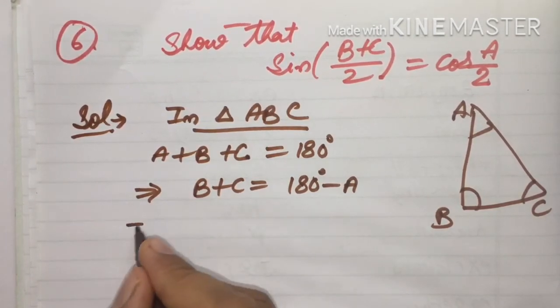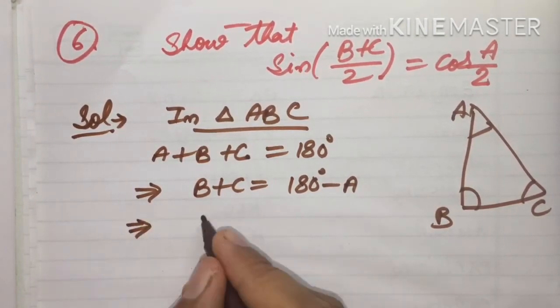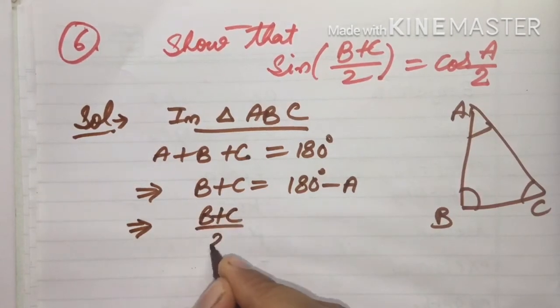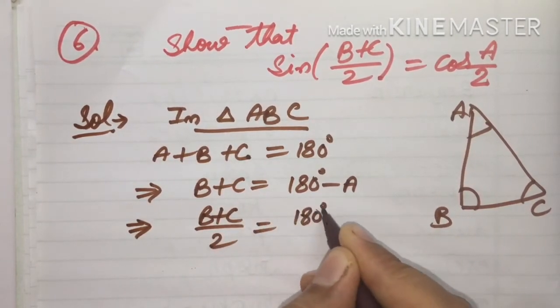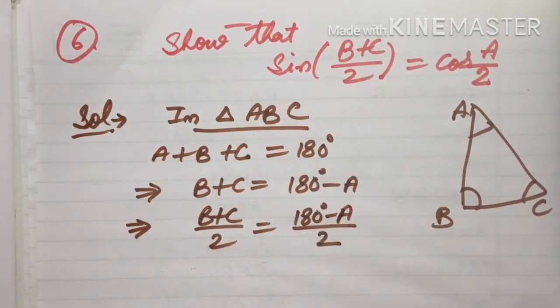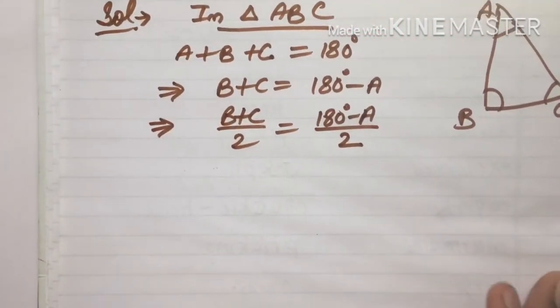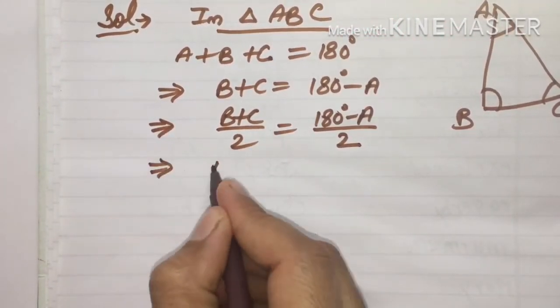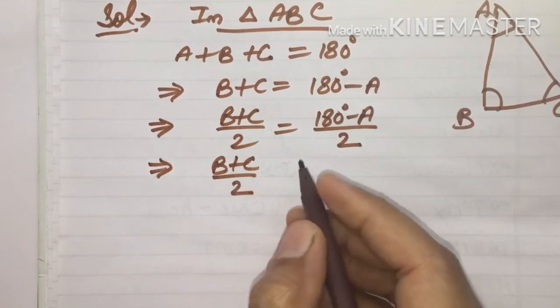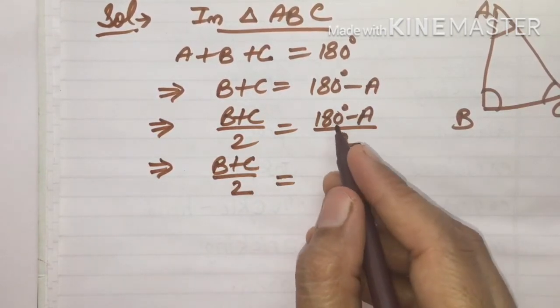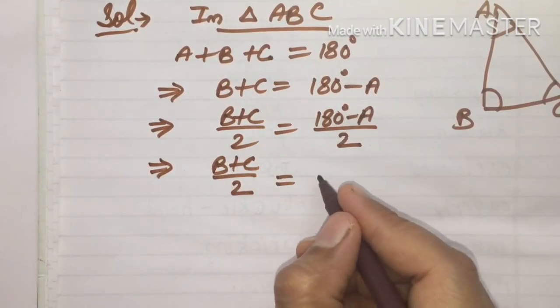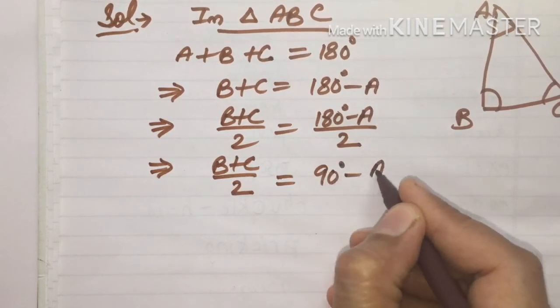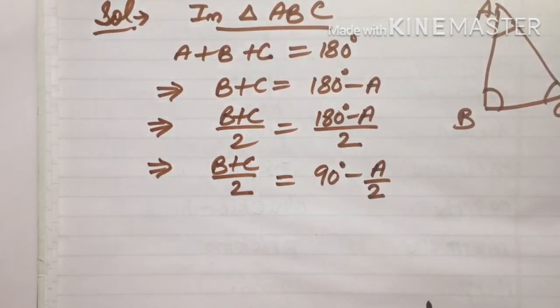If we divide both sides by 2, it will become (B plus C) upon 2 equals (180 degree minus A) upon 2. So it will be (B plus C) upon 2, and when we divide 180 by 2, it will be 90 degree minus A by 2.